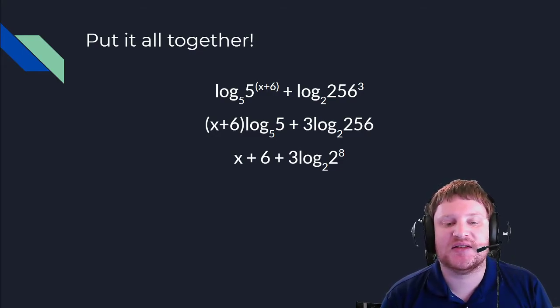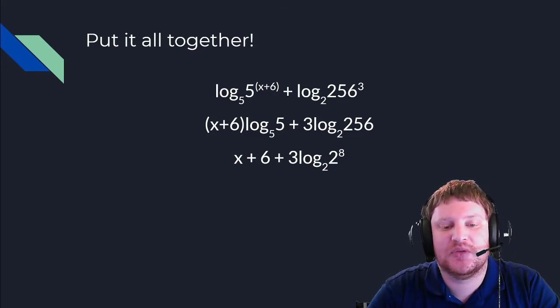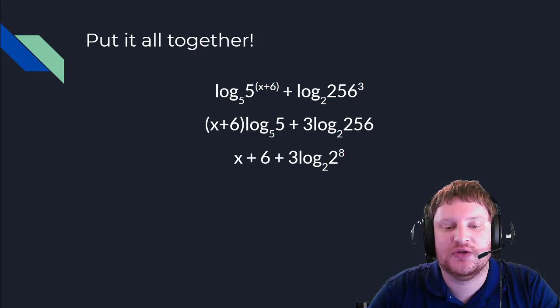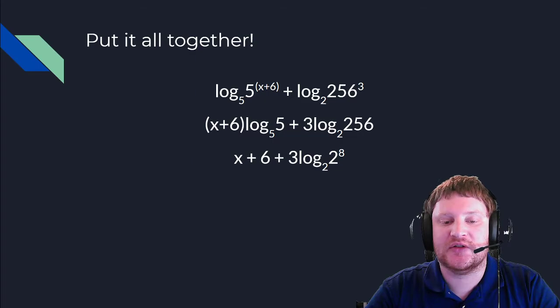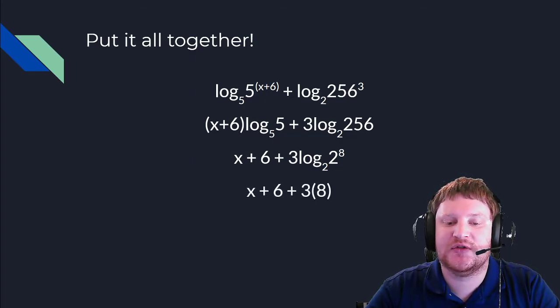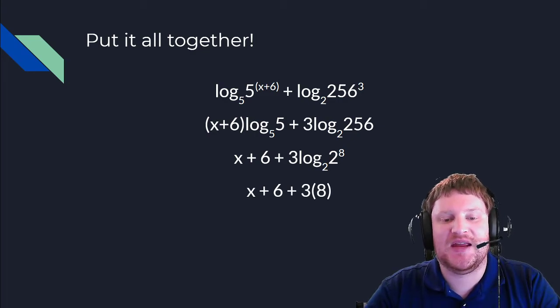So when I look at this, I see x plus 6 plus 3 times log base 2 of 2 to the 8th power. Now, from that definitional slide, you guys might remember that if you've got a base and what you're taking the logarithm of is the same thing, so in this case log base 2 of 2, that just equals whatever the power is. In this case, 8. So I'm replacing log base 2 of 2 to the 8th power with 8.